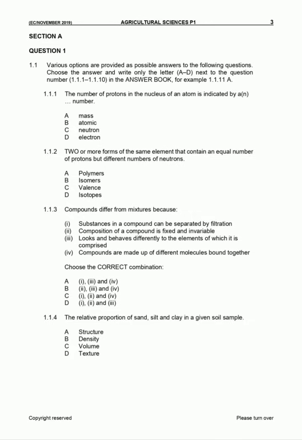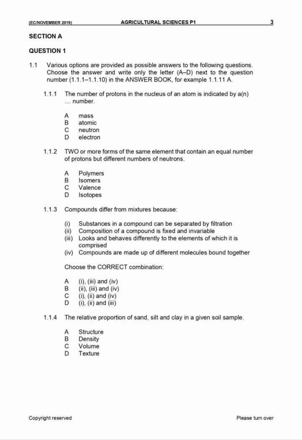Now let's look at this one. The number of protons in the nucleus of an atom is indicated by an dash dash number. Now you've got four options there. You have to select one. You've got A, the mass, B, atomic number, C, neutron number, or D, electron number.